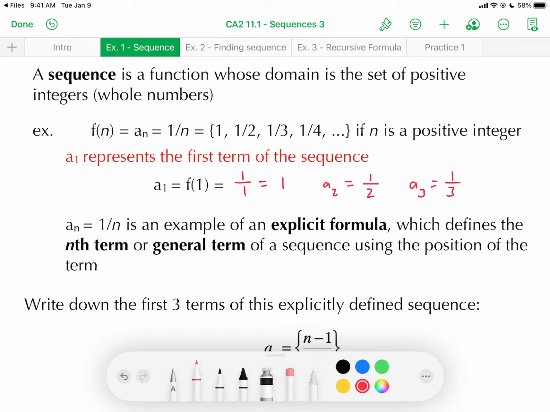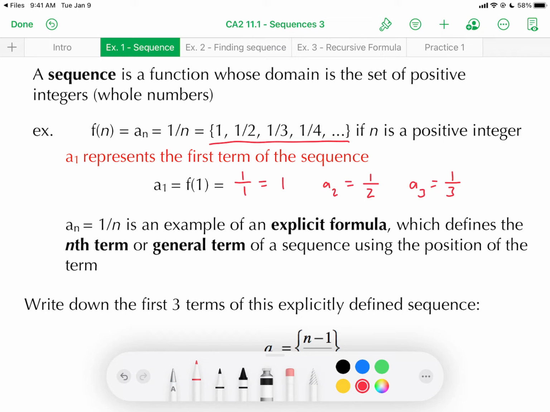Now, notice how we have this written. It's very common to write the terms of your sequence in a set notation where you use braces. So we just put them in order by n value. So your first term is 1, your second term is 1 half, your third term is 1/3, and so forth.